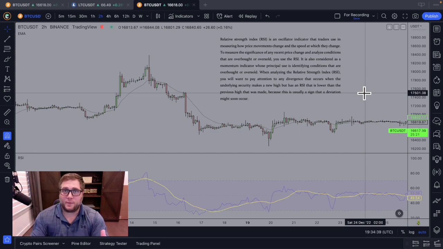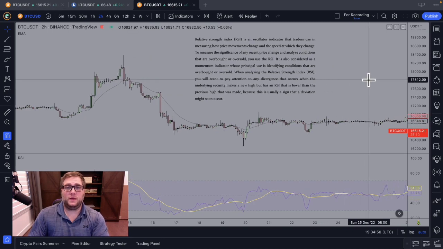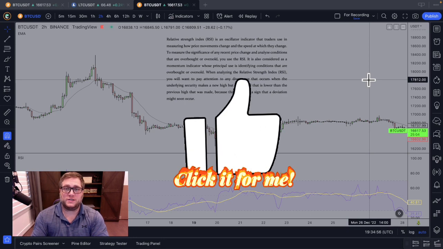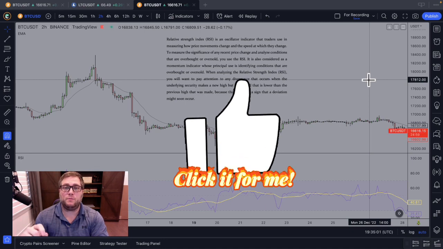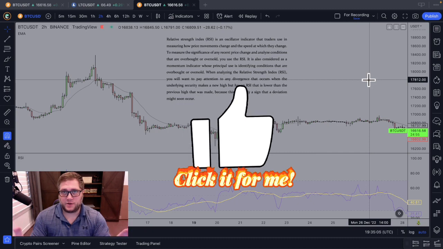You're going to have stop losses. That's why money management is always important for any kind of trading, no matter if you're doing this, stocks, options, or whatnot. But this indicator that traders use measures how price movement changes and the speed at which it changes, and it measures the significant movement in the changes that analyzes the price action.